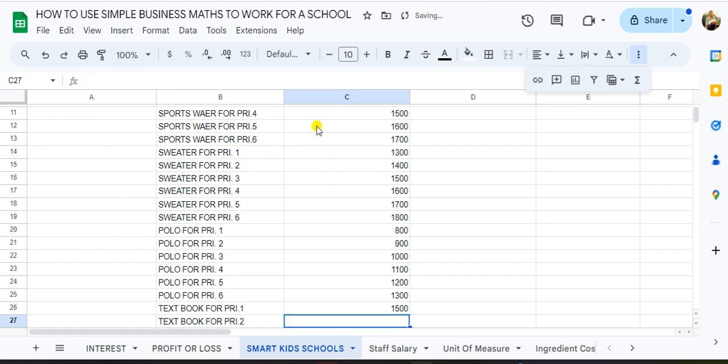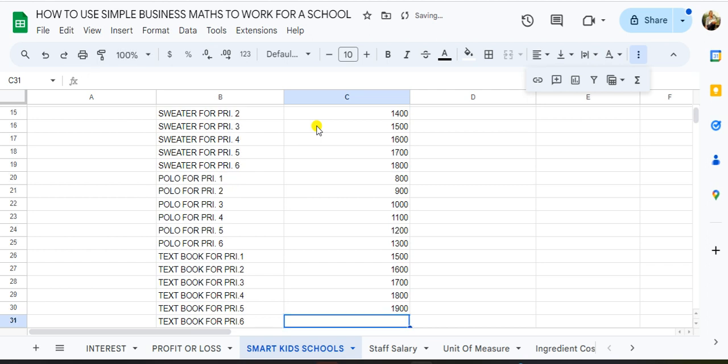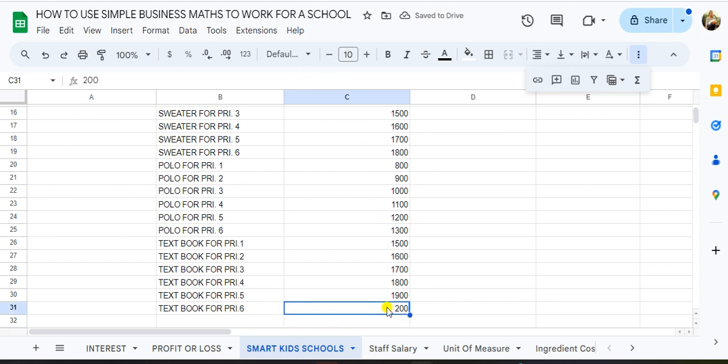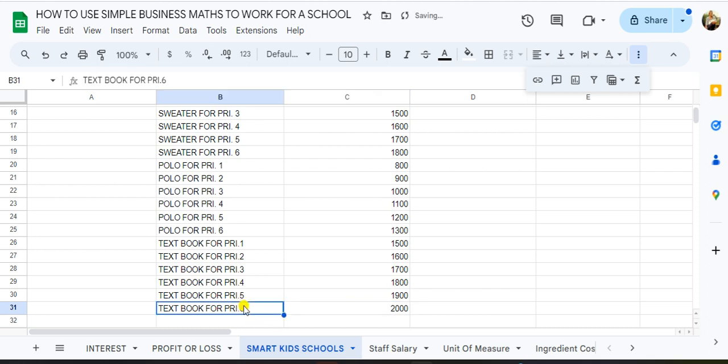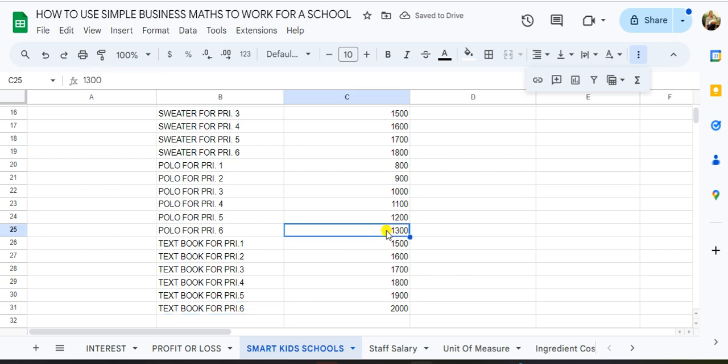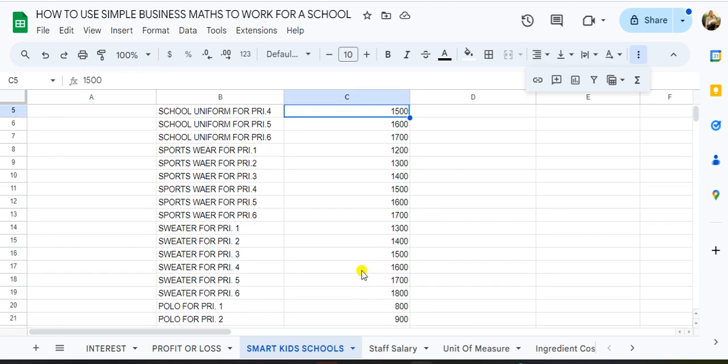Then 1,600 for primary 2, 1,700, 1,800, 1,900, and 2,000 for primary 6. So these are the amounts of money the school is charging per product.